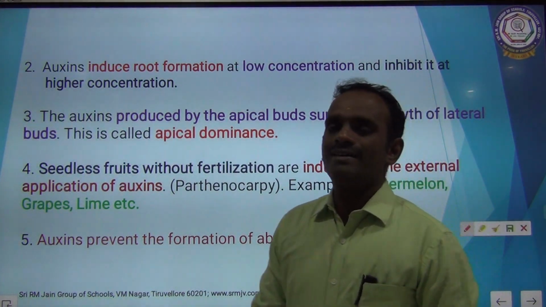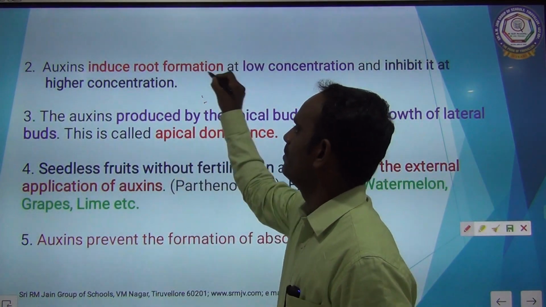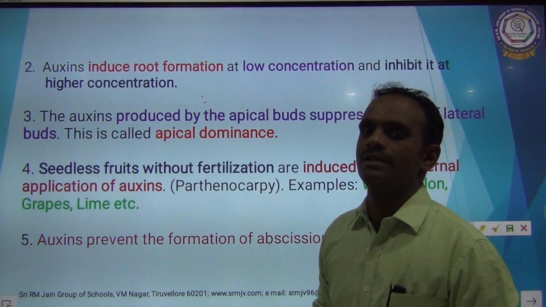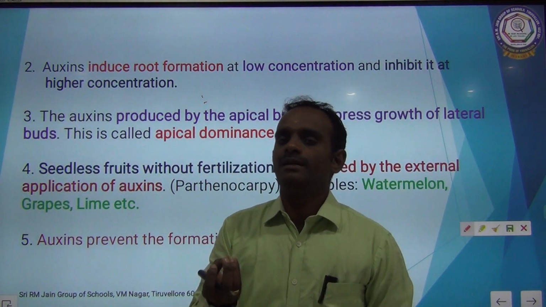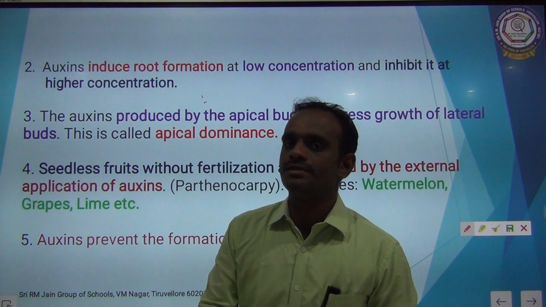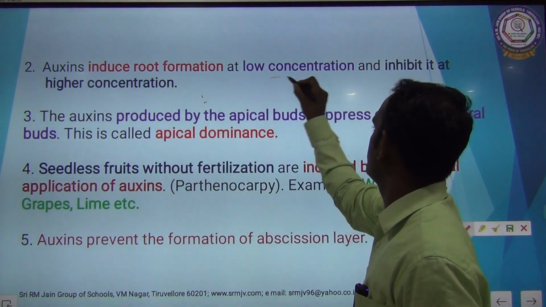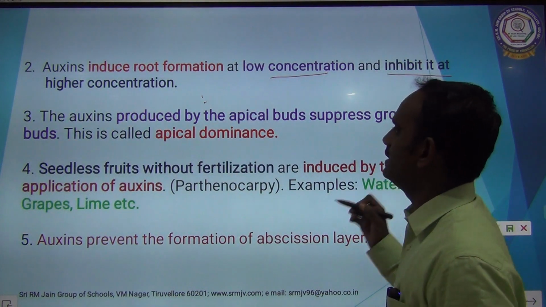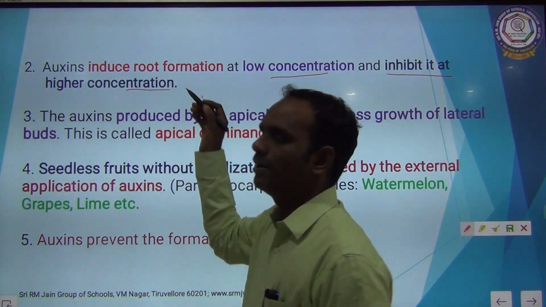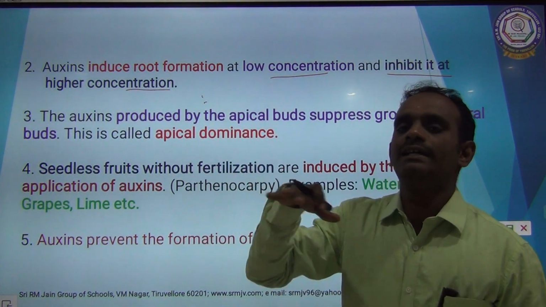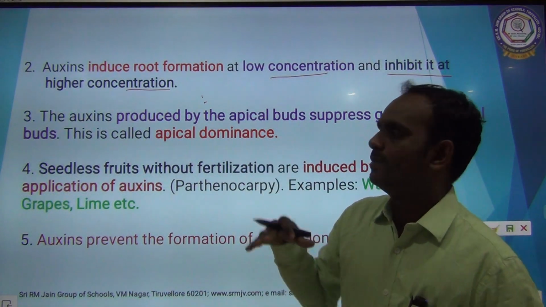Second one, auxins induce root formation. It is usually present at the tip of the roots and it induces root formation at low concentration and inhibits it at higher concentration. If the auxin level is higher, it inhibits root formation.